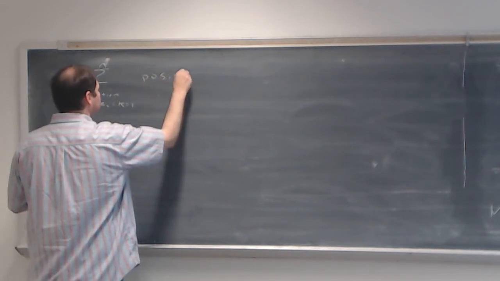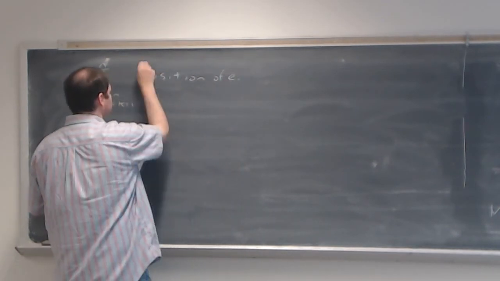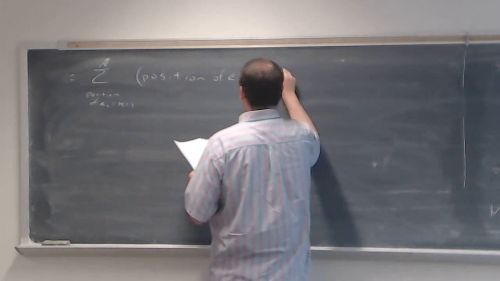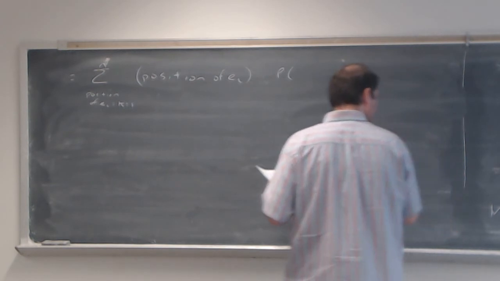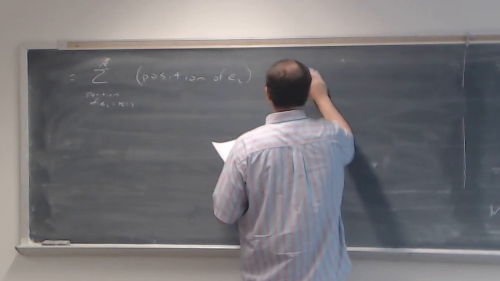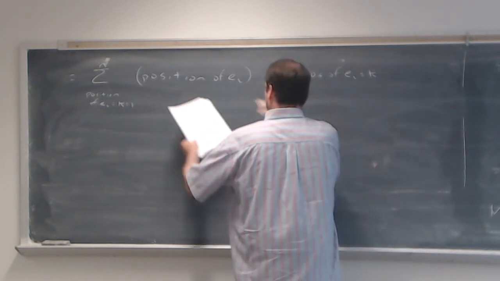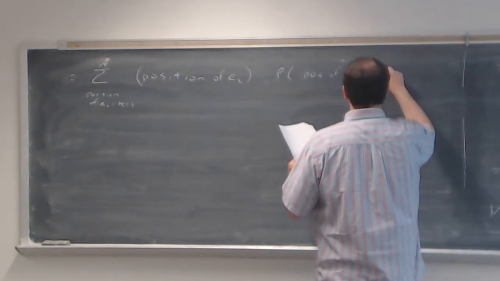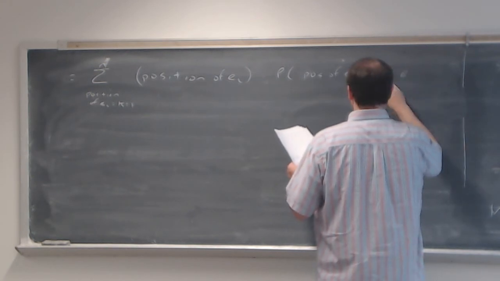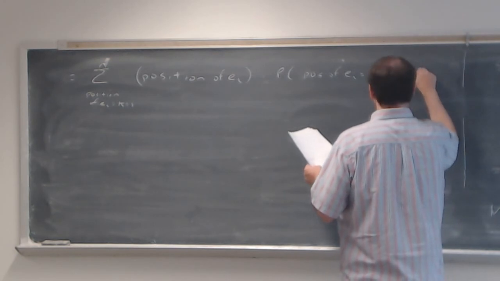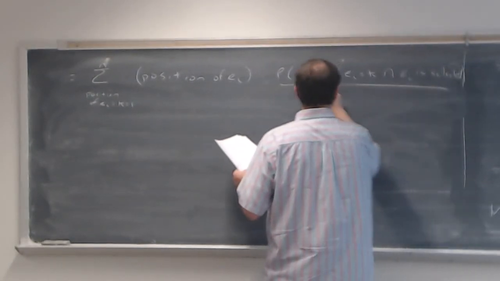It would be the position of E_I, so that's the K, times the probability, and this is the definition of conditional expectation, times the probability that the position of E_I is equal to K. So here, this is just K. Intersected, so it's this conditional PMF, and I'll rewrite that as an intersection, that E_I is selected, over the probability E_I is selected.